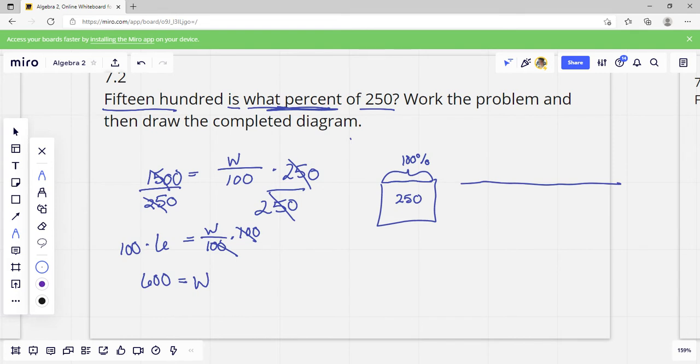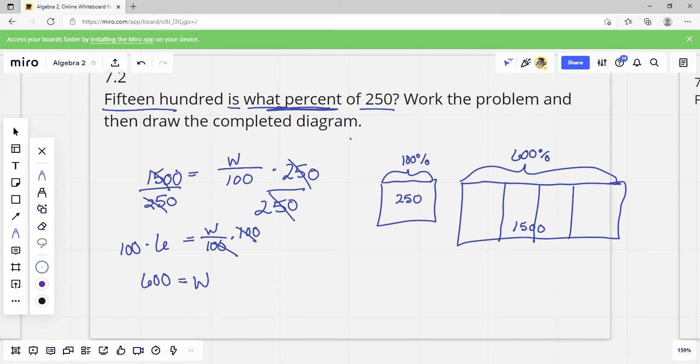That's obviously a lot more than 100%. 600% would be our 1,500, because we have 6 250s in here: 1, 2, 3, 4, 5, 6.